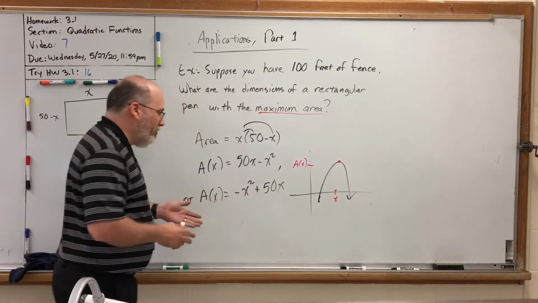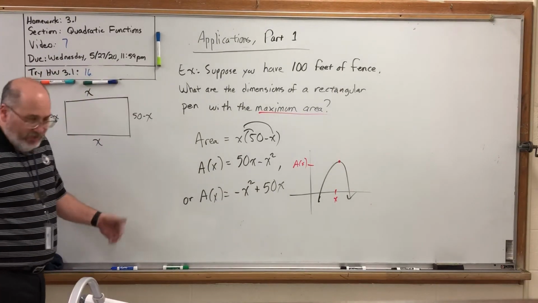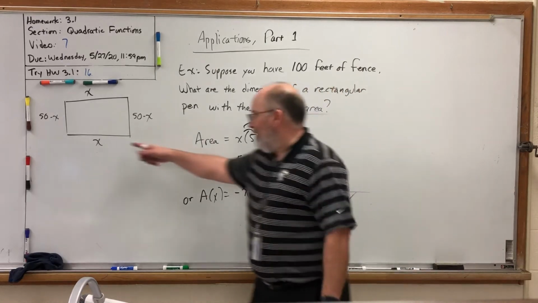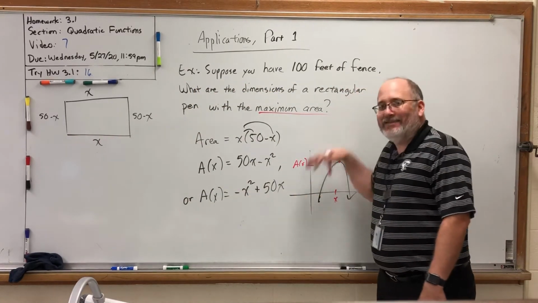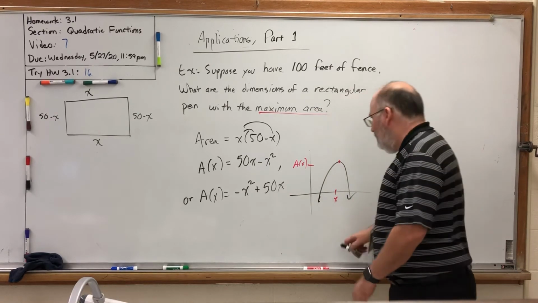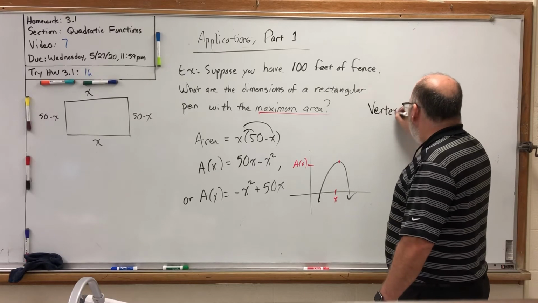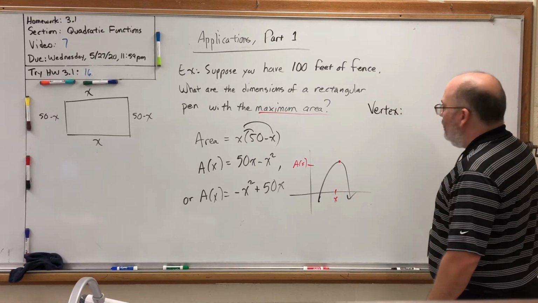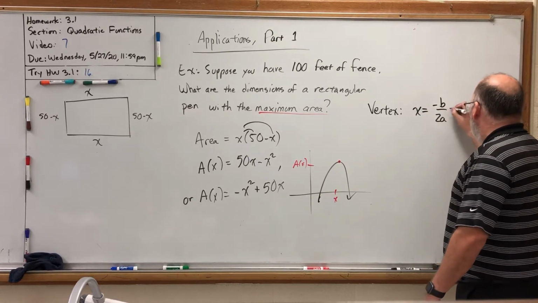Now that I have this function, and honestly getting this was the hard part, if I find its vertex, the x-coordinate will represent this length, but the y-coordinate will represent the maximum area. So let's find and interpret the vertex. I erased the formula for it for the picture over there, but the formula for the vertex was negative b over 2a.